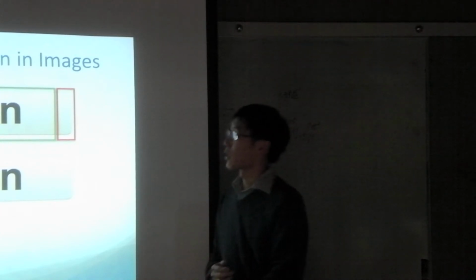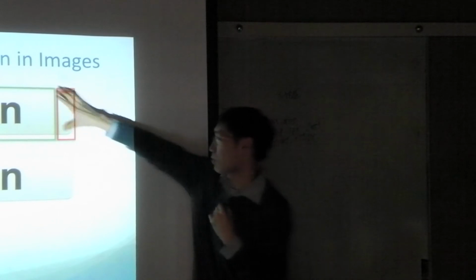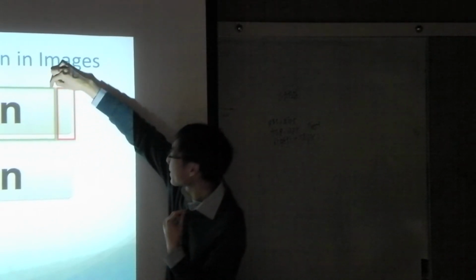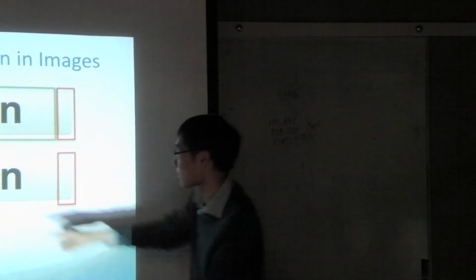So we're gonna exploit the repetition in images. Do you guys notice any repetition in this middle part? Basically, this middle part is just a 1 pixel slice that's repeated throughout the entire thing. So why would I send this entire picture if I could just send a 1 pixel slice like this?